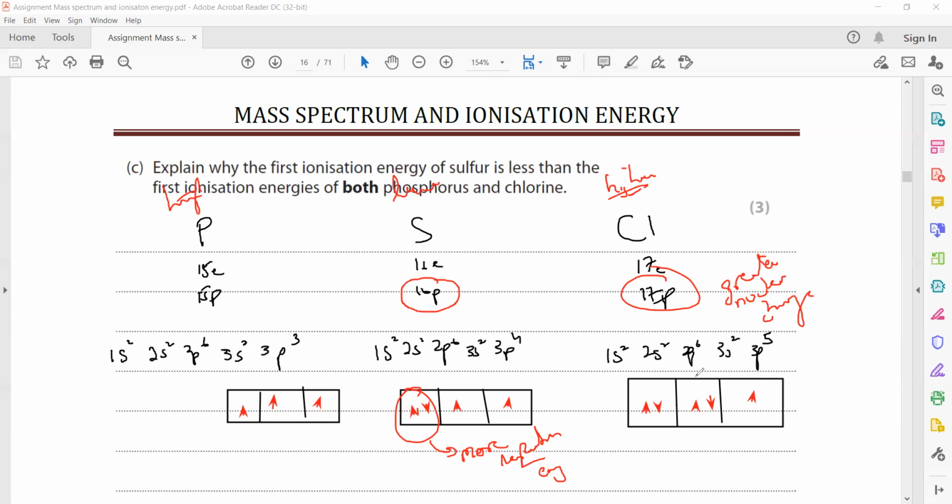So is it clear why phosphorus is higher than sulfur? Phosphorus is higher than sulfur due to the pair. And chlorine is higher than sulfur due to more protons or stronger attraction. Is this part clear?